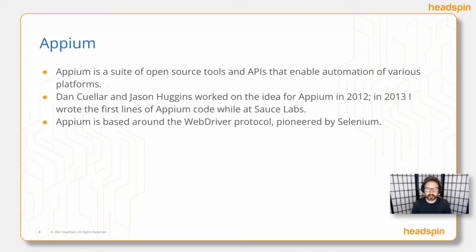Unfortunately, there hasn't yet been the equivalent of any kind of standards body or cross-industry agreement from mobile operating system vendors that they should all implement the protocol themselves. So Apple and Google, in terms of iOS and Android, they know about Appium.